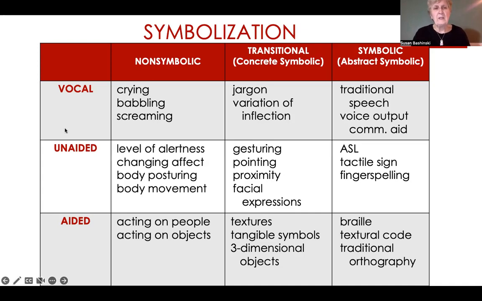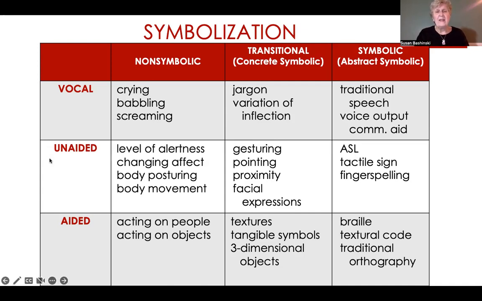I have very sophisticated definitions for unaided and aided. Unaided simply means this does not involve anything beyond the scope of the learner's own body. The learner uses his own body as a communication signal or a communication act by changing how alert, his affect, posture, movement, all the way up to signing in ASL, tactile signing, finger spelling, whatever.